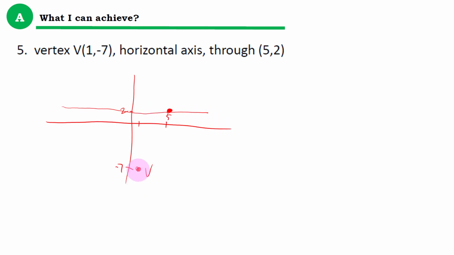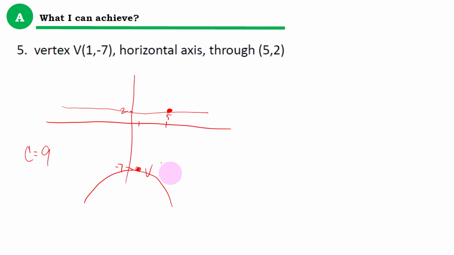This is our vertex, and this horizontal line will be our directrix. This means we are opening downward. Let's count from negative 7 to positive 2. How many units is that? That is our focal length, 9 units. So our c is 9.